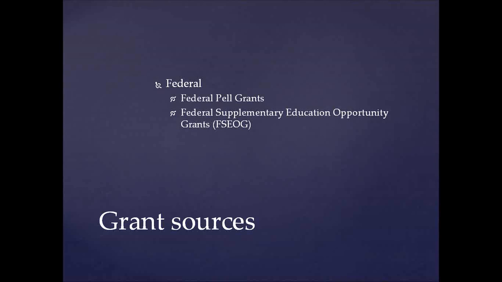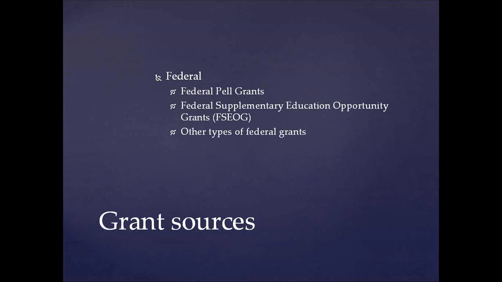And a major source of grants for students is the federal government, which awards the Pell Grants, the Federal Supplemental Educational Opportunity Grant, or FSEOG, and a number of other types of grants that I'll touch on briefly in a moment.